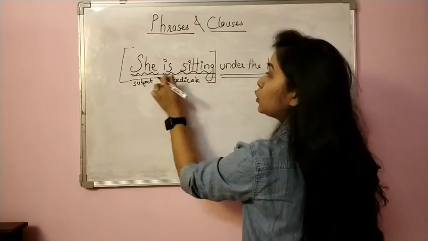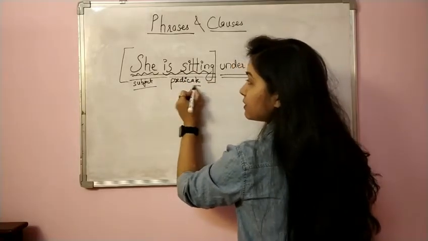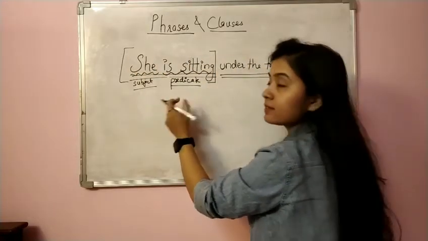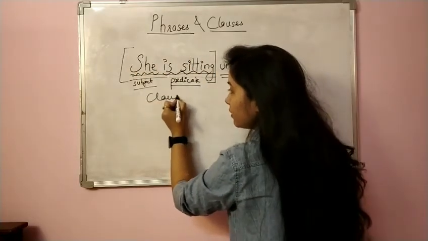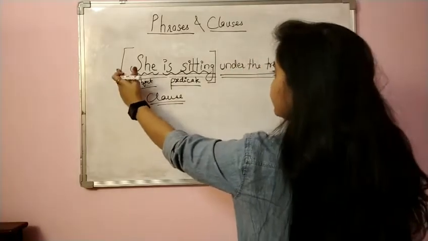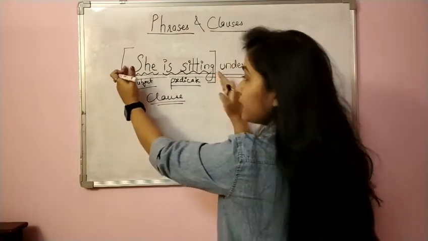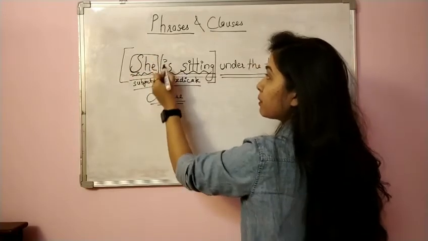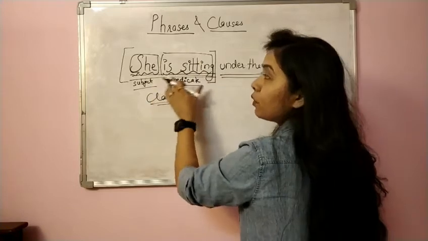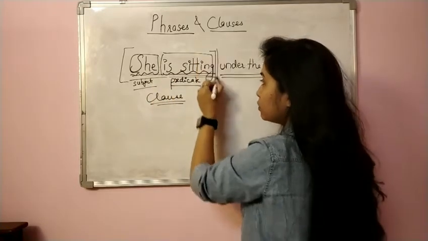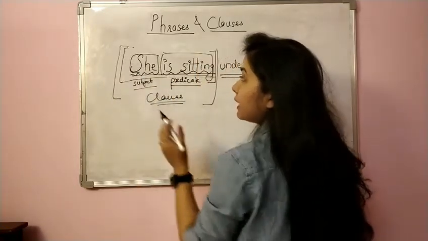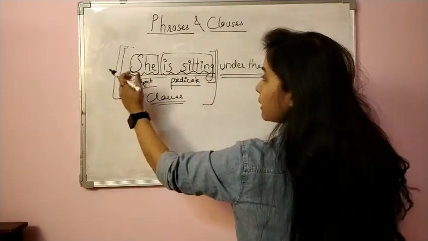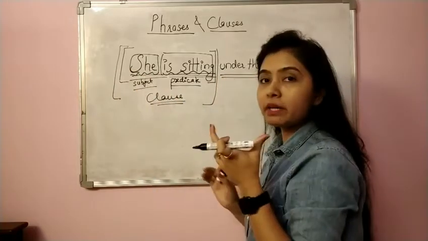So a group of words which has a subject as well as a predicate, and which is a part of a sentence, is known as a clause. एक सेंटेंस का ऐसा पार्ट जिसमें एक सब्जेक्ट हो, और जिसमें एक प्रेडिकेट हो, उसको हम क्लॉज कहते हैं. एक क्लॉज का इंडिविजुअल मीनिंग भी होता है. अगर हम फुल सेंटेंस ना पढ़े, इतनी दूर पढ़े, तो भी उसका एक मीनिंग निकल के आता है.